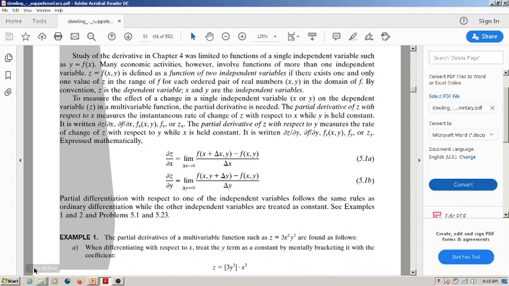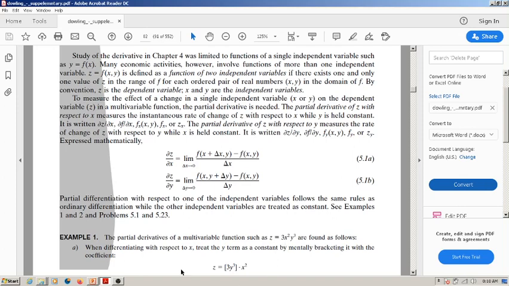See example 1. The partial derivative of a multivariable function. The function is given as z is equal to 3x square y cube. It is in the multivariable function format where the dependent variable z is expressed as a function of x and y, since x, y variables are there on the right hand side.